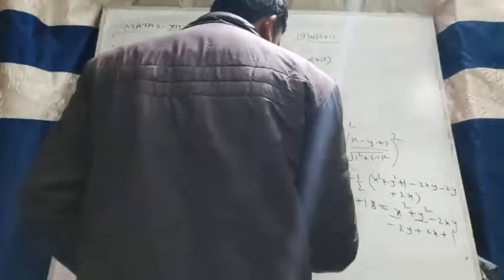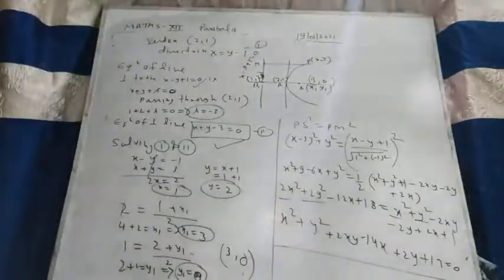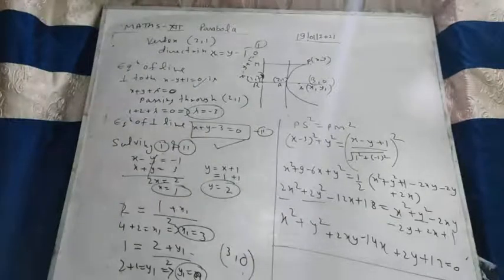Now solving this, student, we write x square plus y square plus 2xy minus 14x plus 2y plus 17 is equal to 0. So this is our required result.